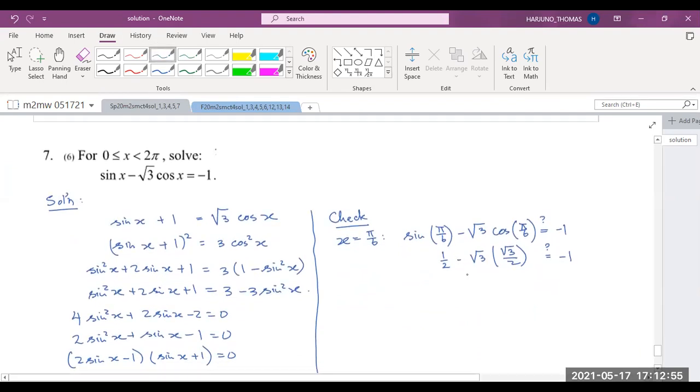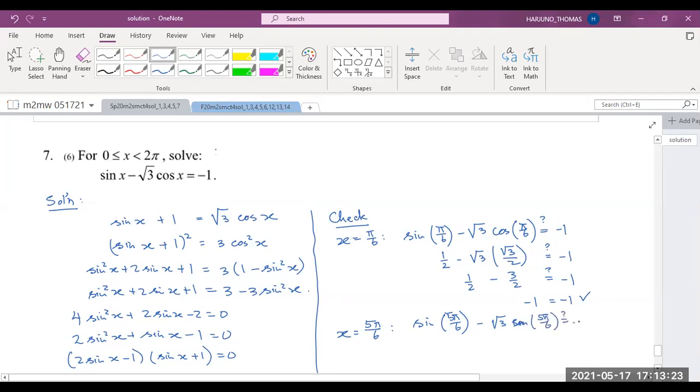So this is 1/2 minus 3/2. Is it equal to -1? That's true. That's a check. Now x equals 5 pi over 6: sine 5 pi over 6 minus radical 3 times cosine 5 pi over 6.